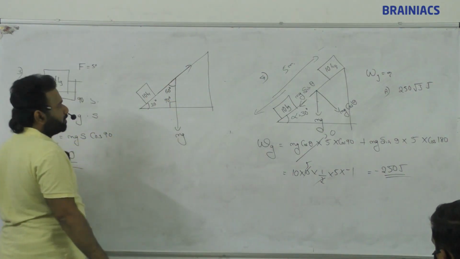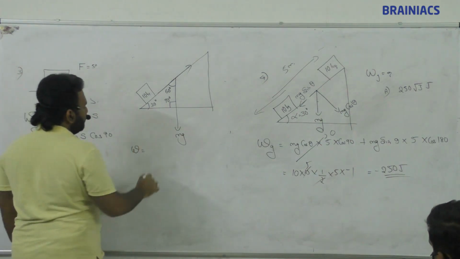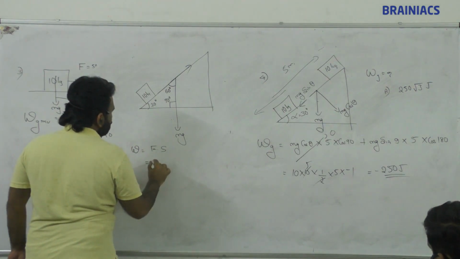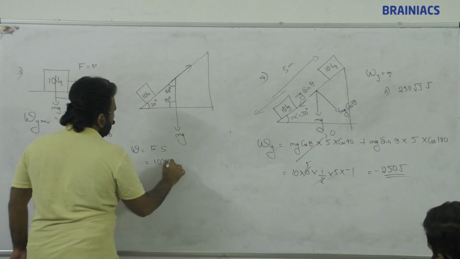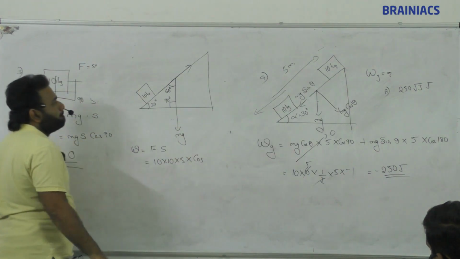So the angle between them: work is equal to F dot S, where F is mg, so 10 into 10 into 5 into cos how much?